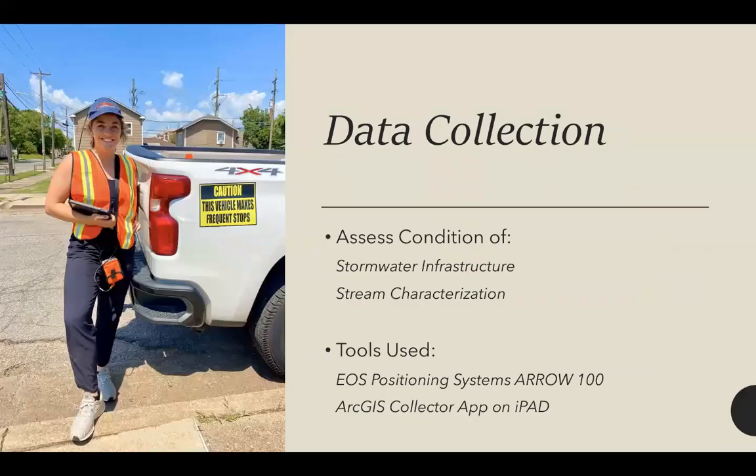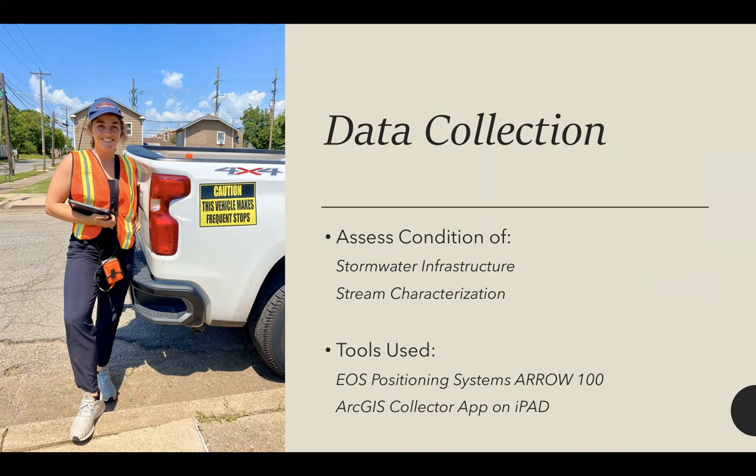For the data collection, the city of Stillwater, Michek and Associates joined a contract with the Environmental Science Graduate Program at OSU to conduct an assessment on the condition of stormwater infrastructure and characterization of the stream channels within city limits.